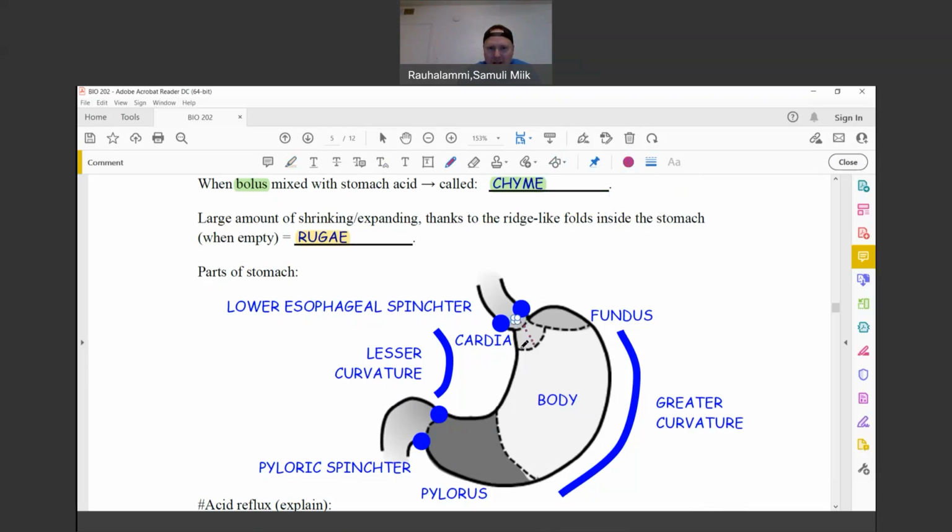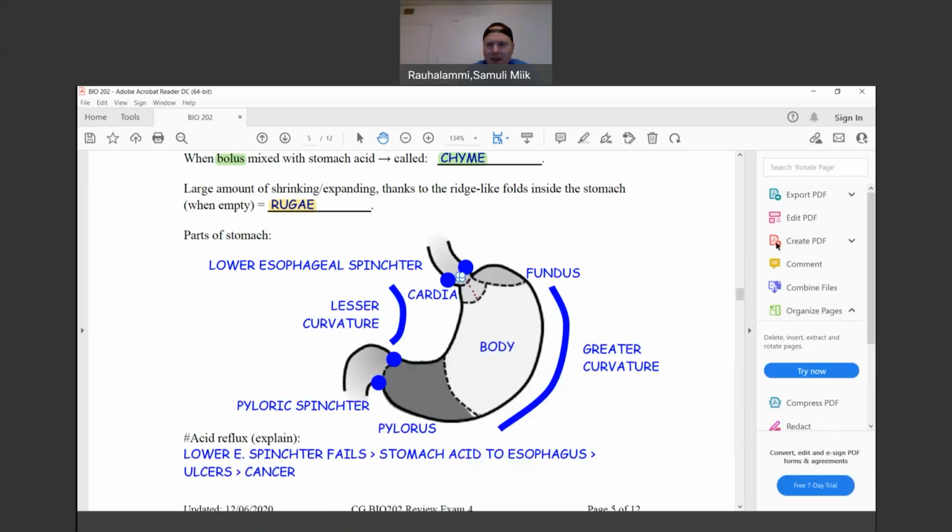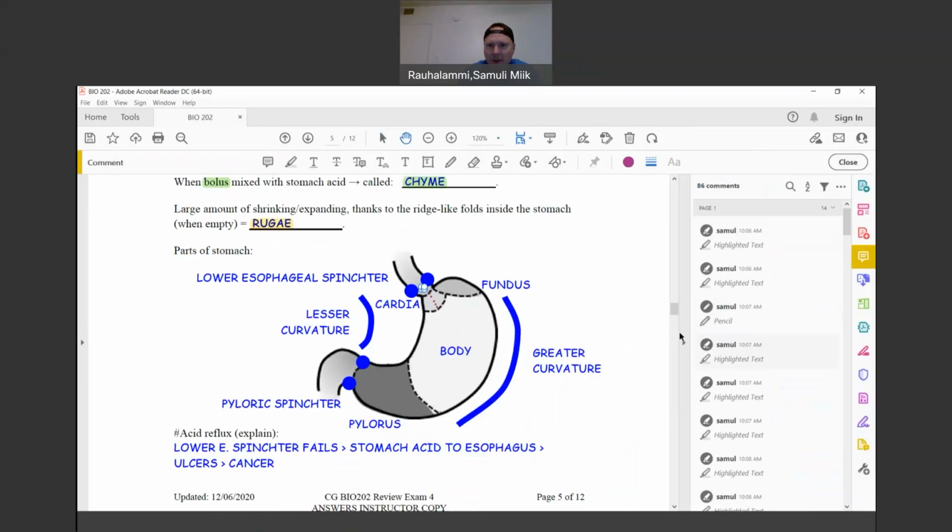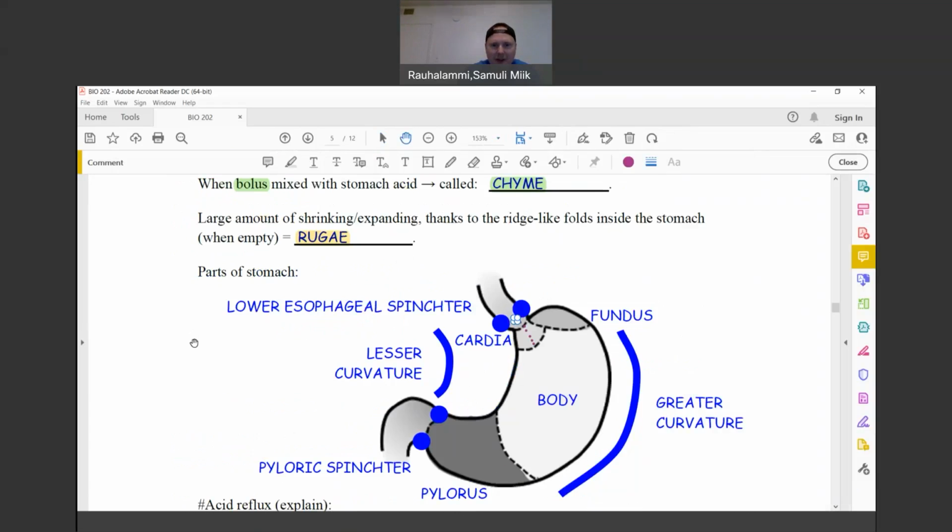What you'll notice is that this part is known as the cardia, so kind of the heart of the stomach, where this junction between the esophagus and the stomach takes place.